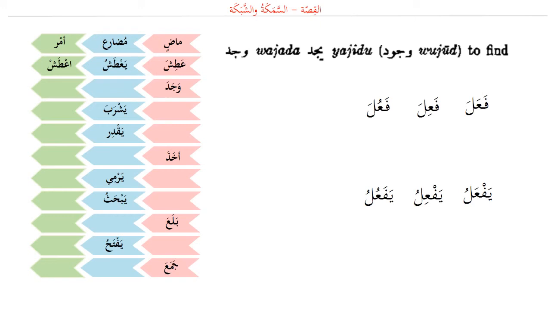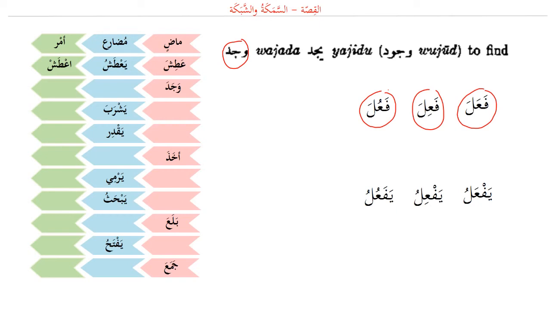Okay, so let's start. Wajada is one of the harder ones for beginners to find. So the first thing you need to ask is, wajada, is this in the pattern of fa'ala or fa'ila or fa'ula? We don't know that. We have to look at the mu'jam. Mu'jam means dictionary.